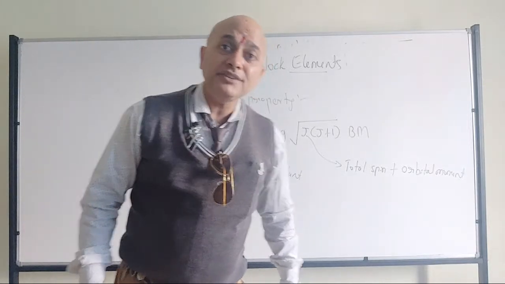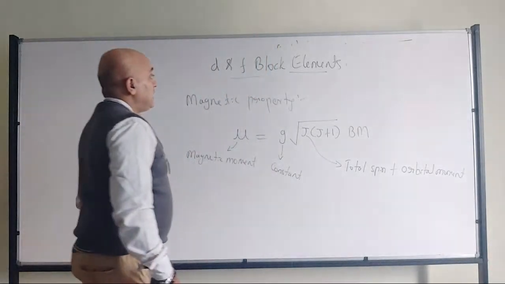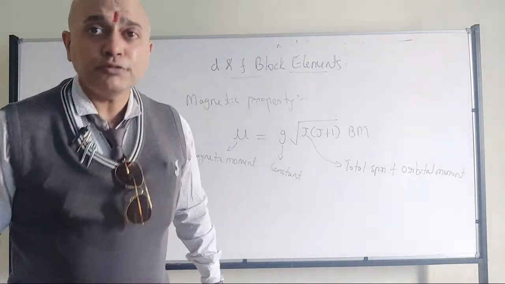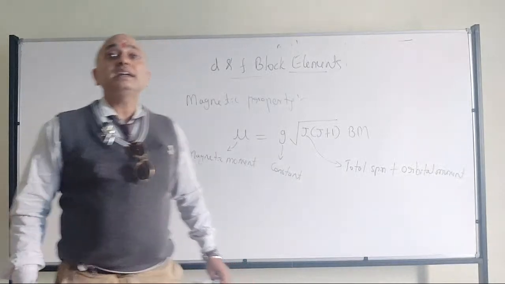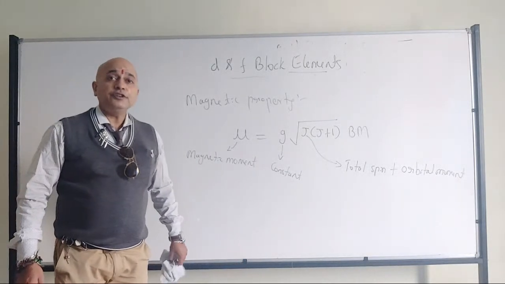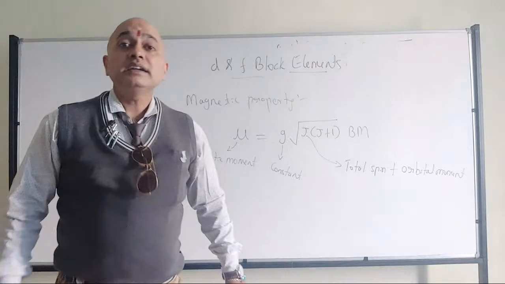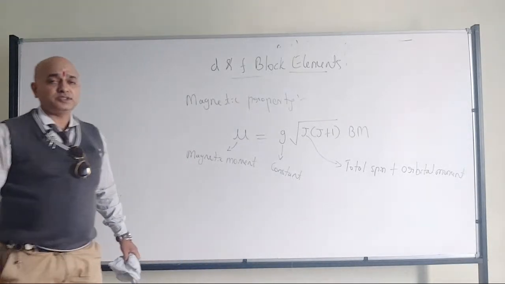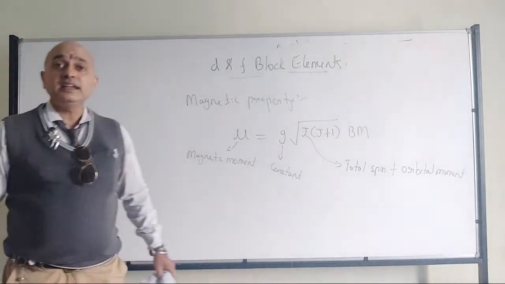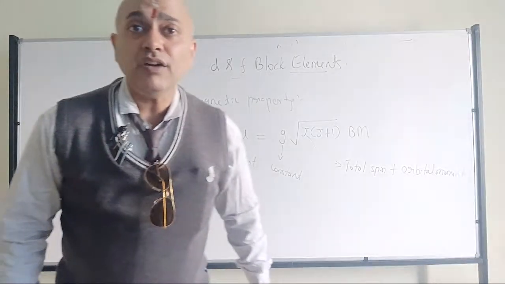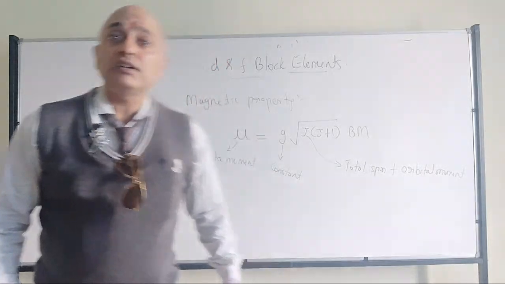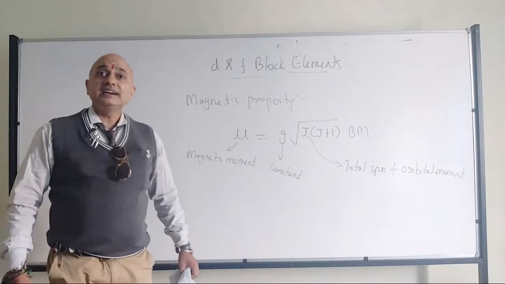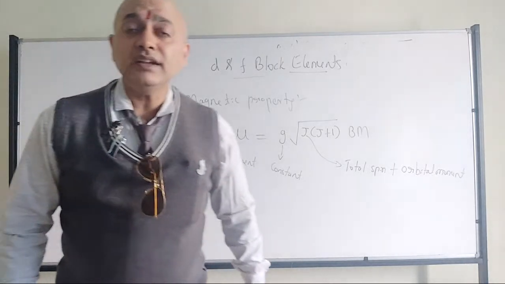All of you have understood? Fine. So why can F block elements also show the magnetic property? Once again, due to the presence of unpaired electrons. Please remember, same as the D subshell, even the F subshell electrons will have less nuclear force acting on them.